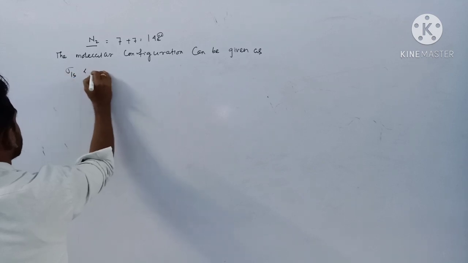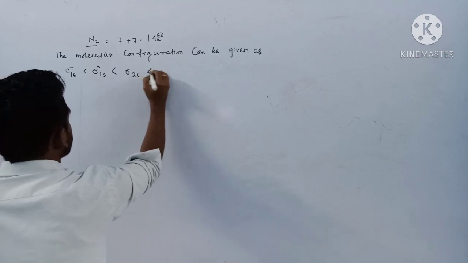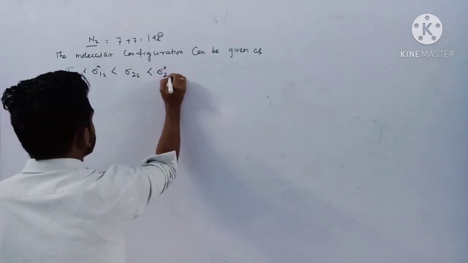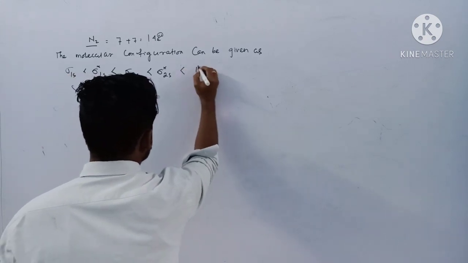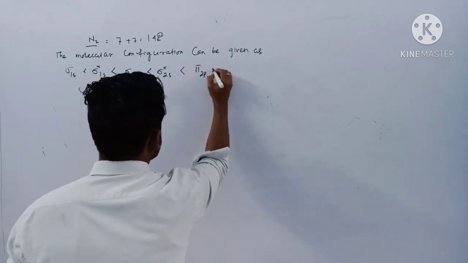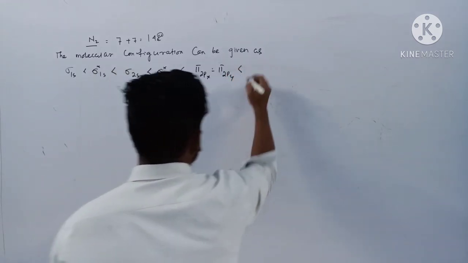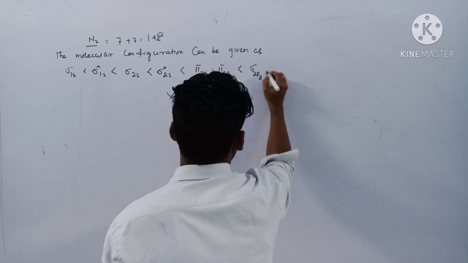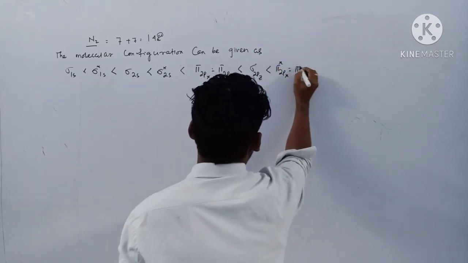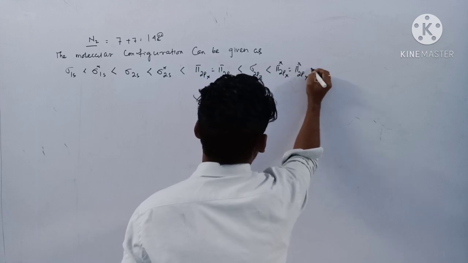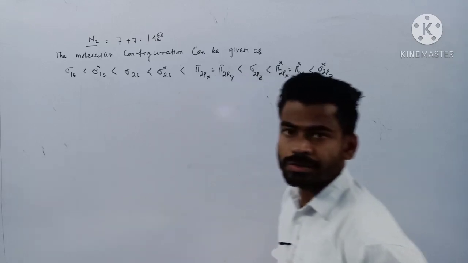sigma 1s, sigma star 1s, sigma 2s, sigma star 2s, next pi 2px equal to pi 2py, then sigma 2pz, next pi star 2px, pi star 2py, and finally sigma star 2pz.